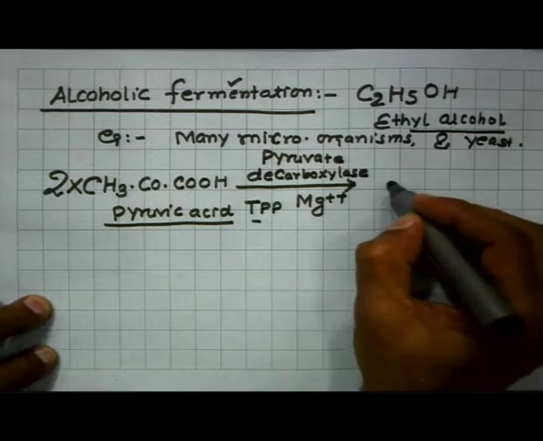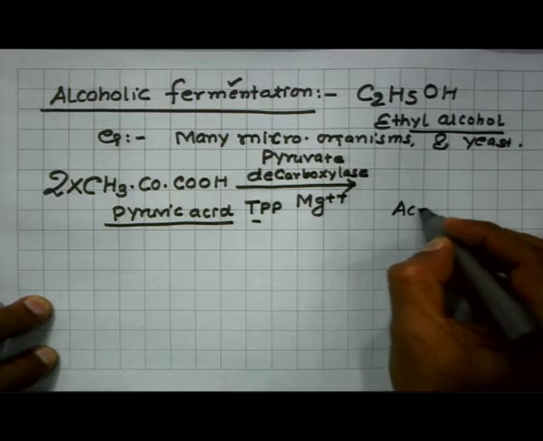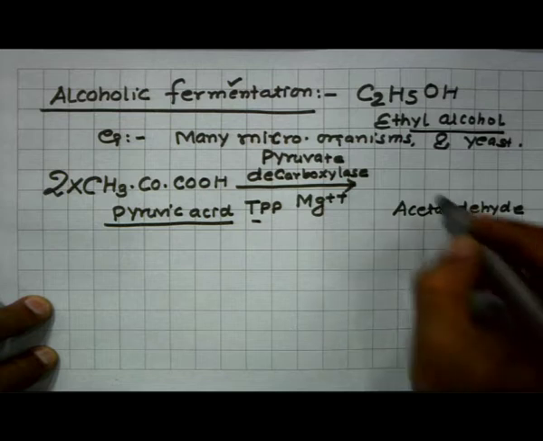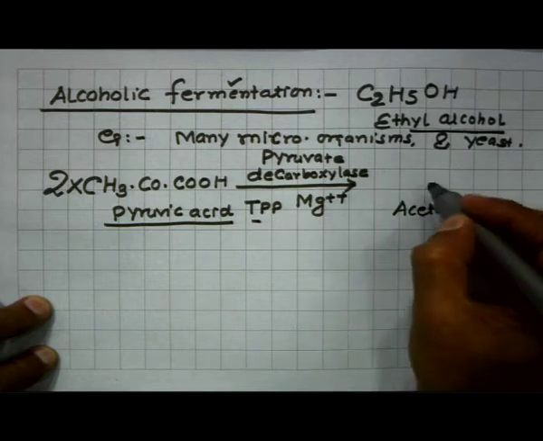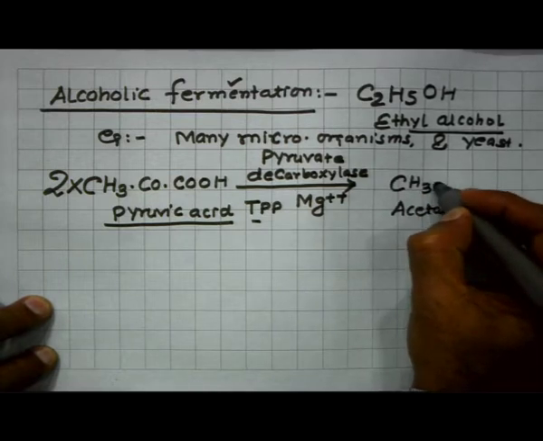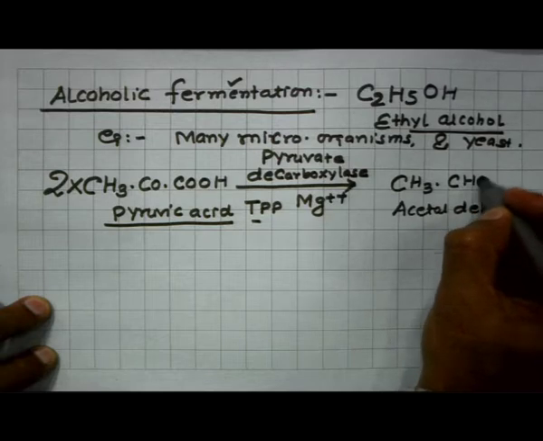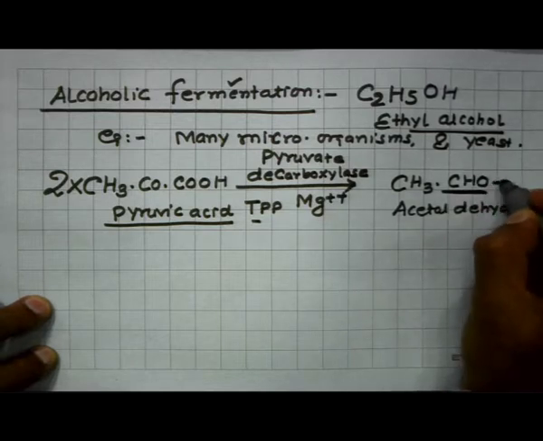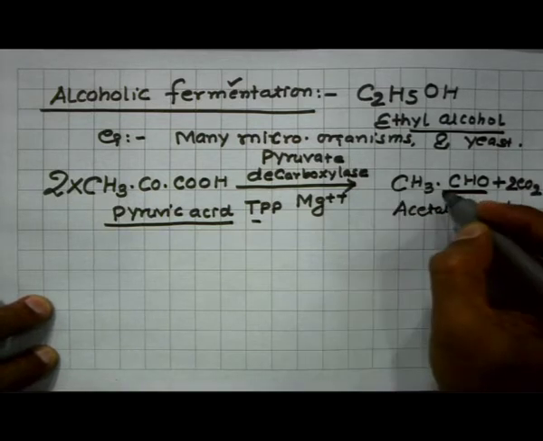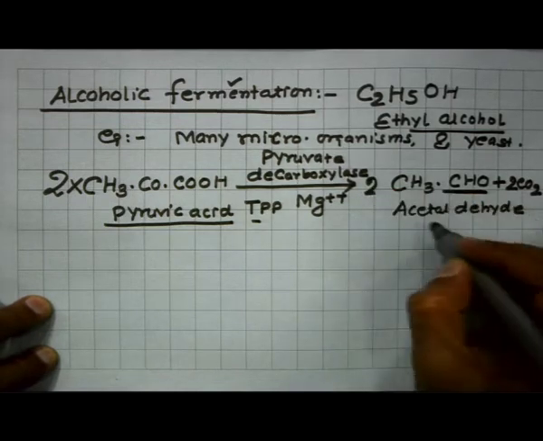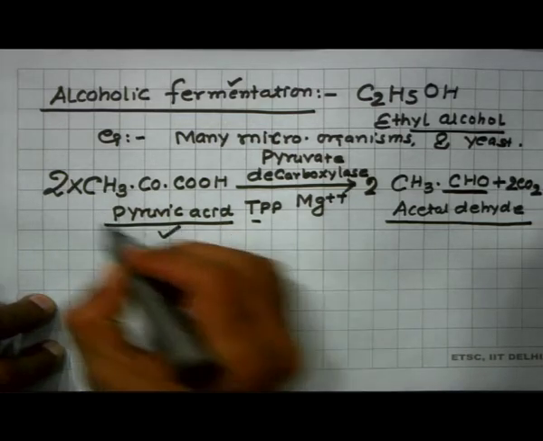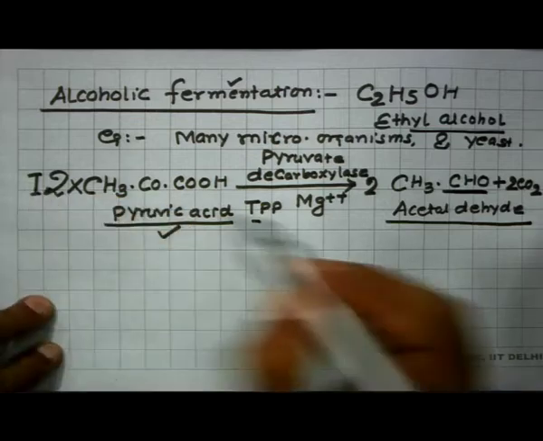First of all, it is converted into acetaldehyde. As the term indicates, the functional group is aldehyde. The structure is CH3CHO. 2 molecules of carbon dioxide are released, and 2 molecules of acetaldehyde are formed. So, the first reaction is pyruvic acid converted into acetaldehyde.